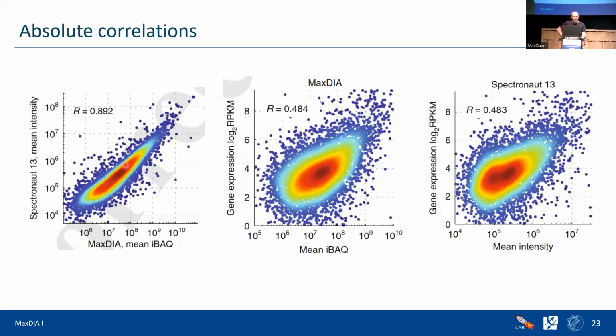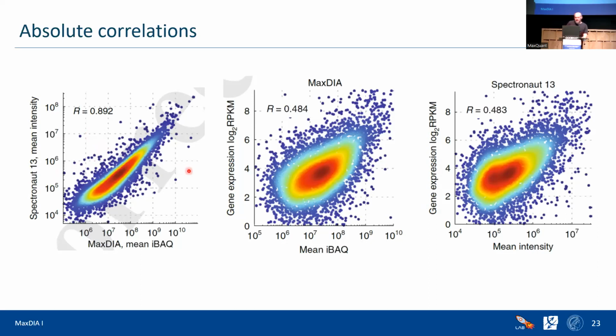You almost reach 0.9 Pearson correlation if we compare our iBAQ intensities with the Spectronaut intensities. Of course, it's not easy to say whether any of them is correct, or which one of them is correct, but anyway, they're very close.